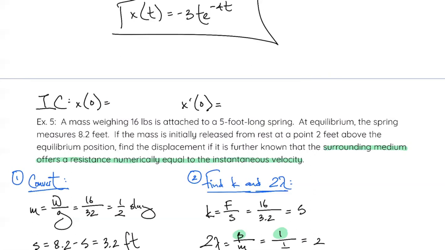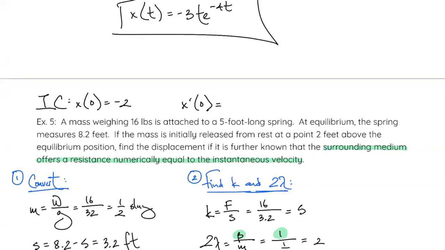All right, so maybe we start with our displacement. What do we know about that displacement? Well, the mass was initially released from rest at a point 2 feet above the equilibrium position, right? 2 feet above that equilibrium position.